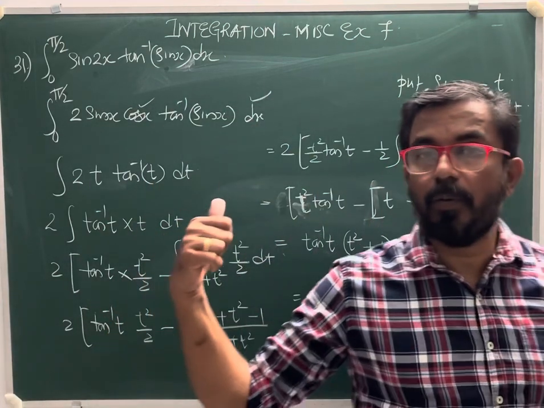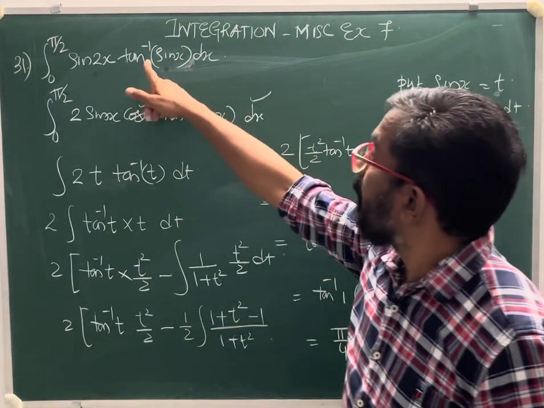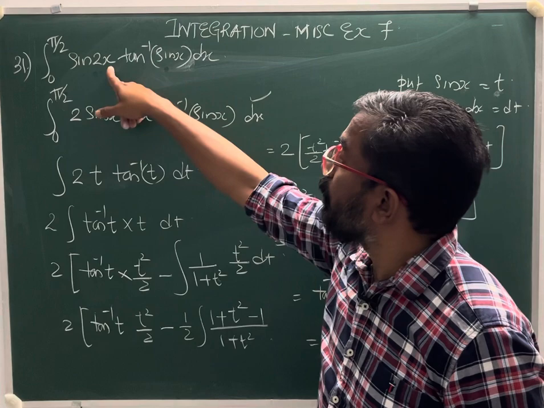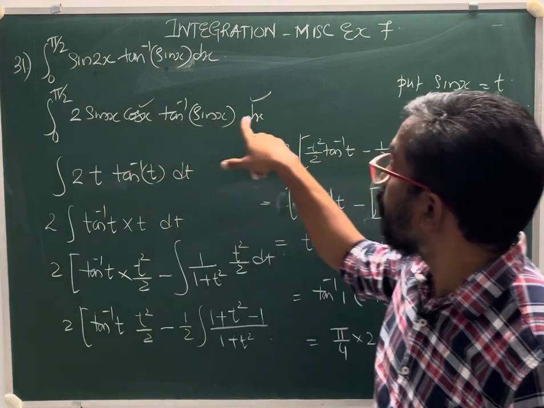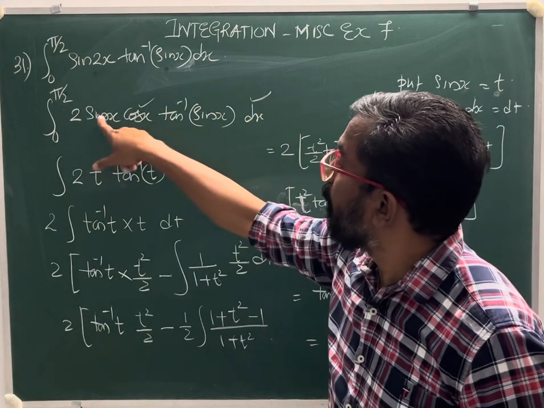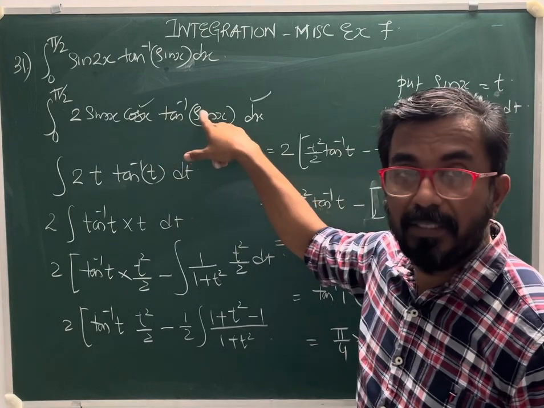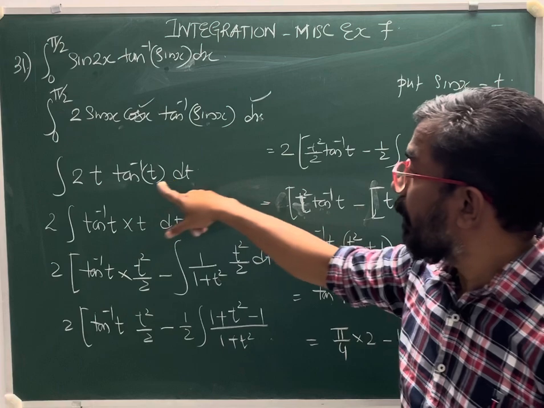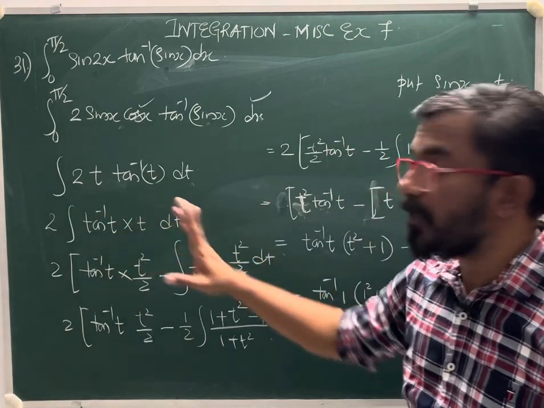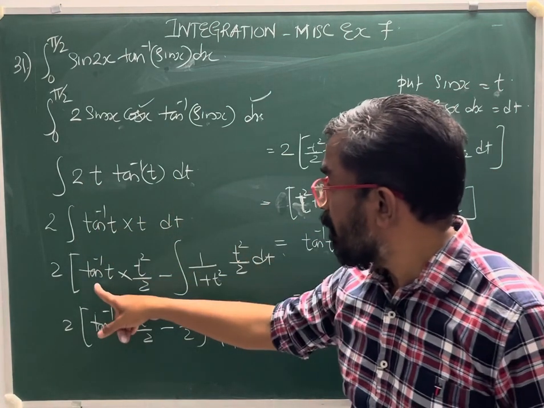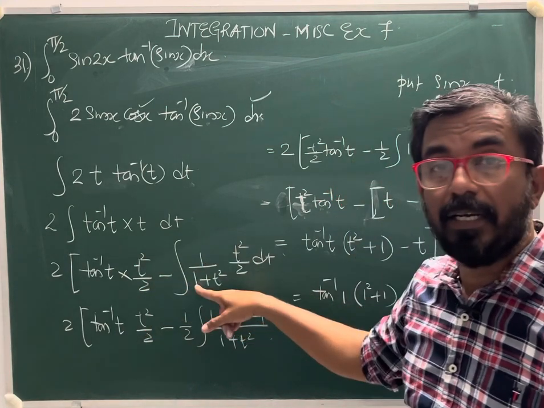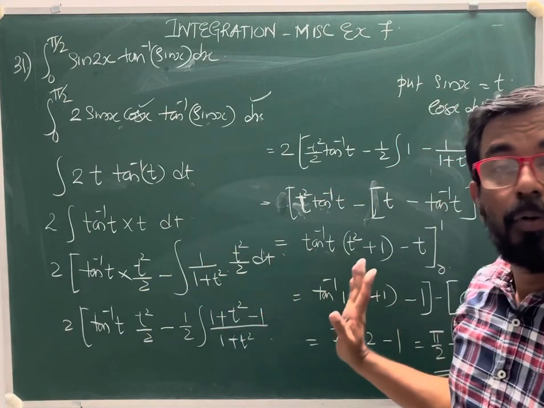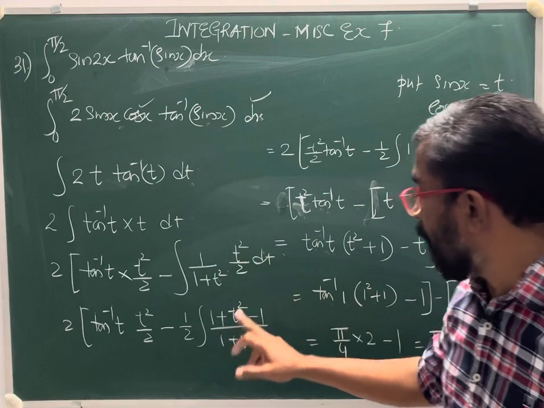If you didn't get it, once again carefully watch. Here if you put sin x as t, 2 sin x cos x is this. So cos x dx will become dt. This will be 2t tan inverse t. Wherever I have sin x, I put t. Cos x dx is dt. Then 2 you keep outside, tan inverse t into t. Integration by parts: first function into integral of second minus integral of derivative of first function into integral of second. Then we need to make an adjustment.